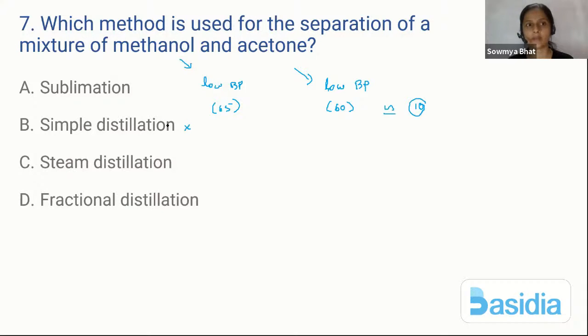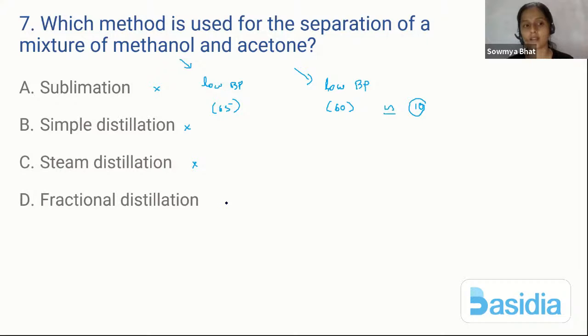So this is not possible. Both are liquids, and sublimation is directly from solid to gaseous phase, so this is not possible. Steam distillation you can't do here because both have low boiling points in the same range. And fractional distillation is the one you do for substances whose boiling point difference is very low.